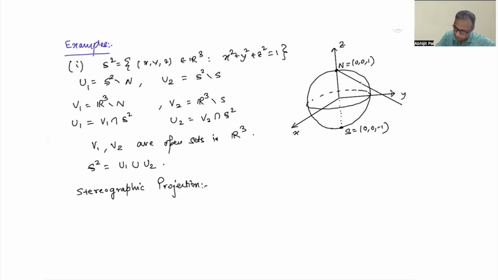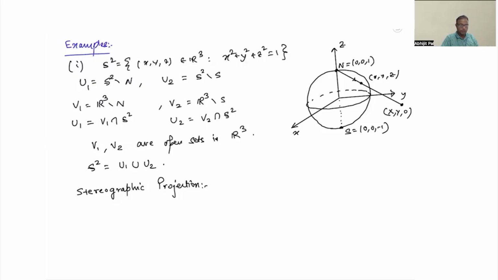Suppose this point is my x, y, z. I'm taking the straight line starting from this north pole. It will intersect the sphere at x, y, z and intersect the plane at capital X, capital Y, 0.